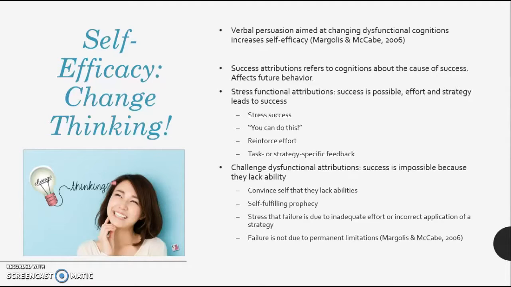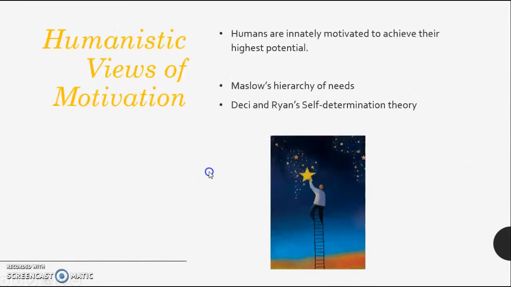Those are things that are easier to change than ability. So we want to provide feedback that will allow students to change their effort or their strategy, because failure is not due to a permanent limitation. If you put the effort into it, if you try a different strategy, perhaps you'll be more successful. So we want to change the thinking.